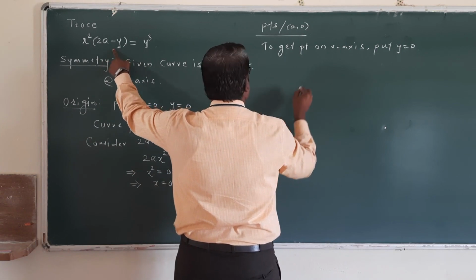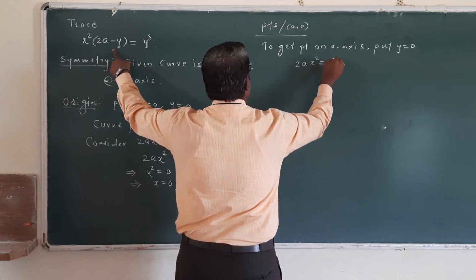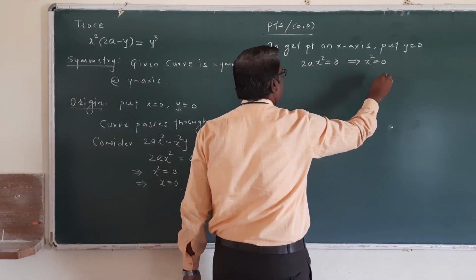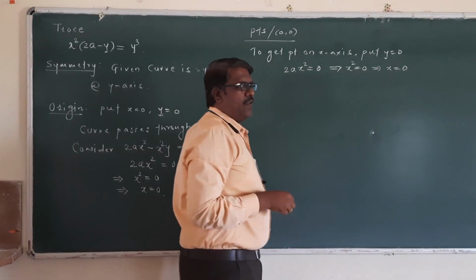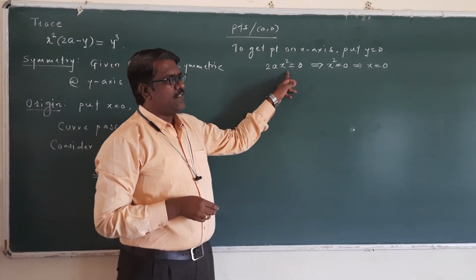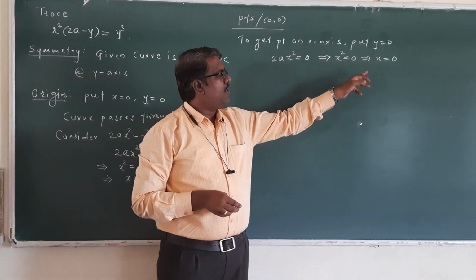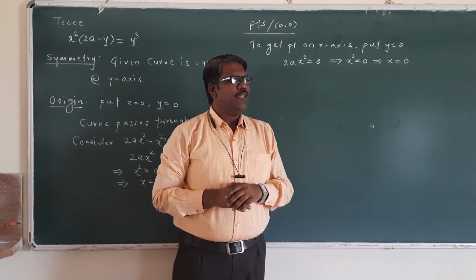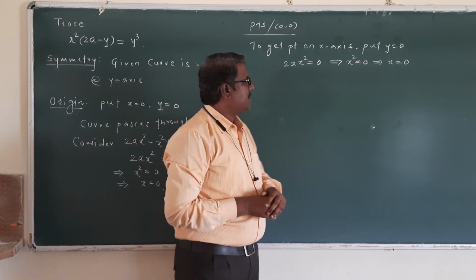We get 2ax square is equal to 0, so x square is equal to 0, and this implies x is equal to 0. Thus 0, 0 is the only point of intersection with x-axis.